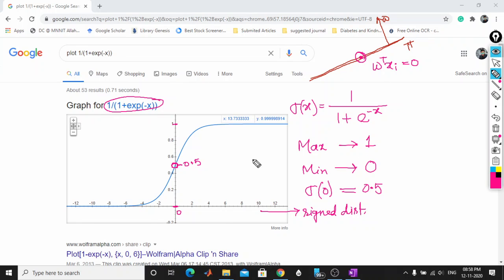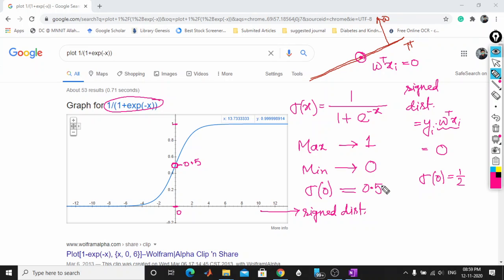We have seen from this picture, if the distance is 0, then the signed distance is also equal to 0, because signed distance is y_i W transpose x_i. If this one is equal to 0, then the total distance is equal to 0. Then sigma of 0 is equal to half. That is, its probability is half. If it lies on the plane, then the probability is half. It will be positive or negative, so both probabilities will be the same.